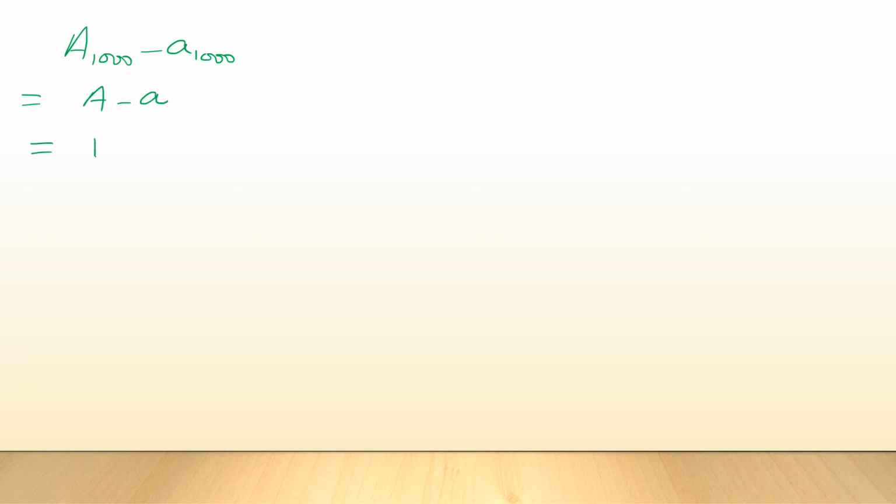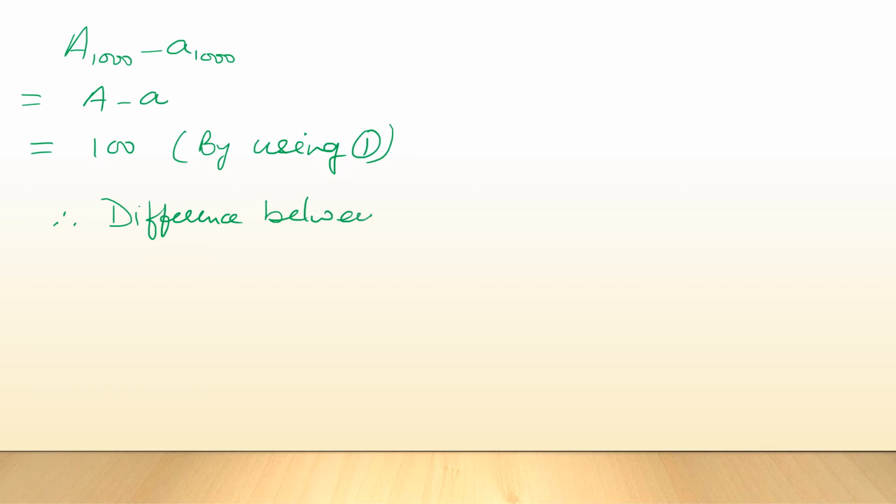Now A minus a is 100 by using 1, क्योंकि A minus a अगर फर्स्ट इक्वेशन देखो हमें 100 मिला था. So let's write therefore statement. Therefore difference between the thousandth term is also 100, right?